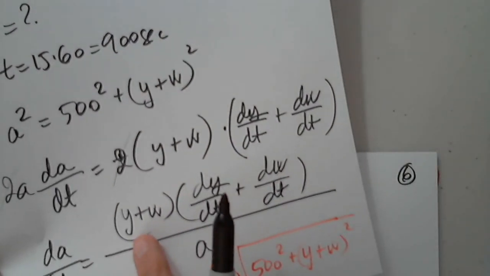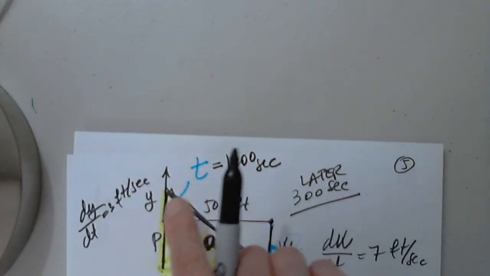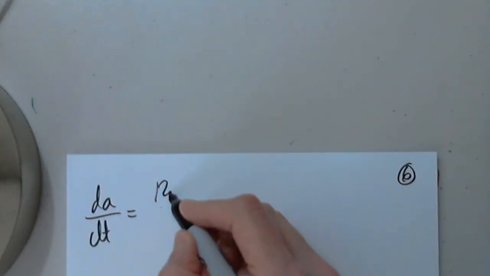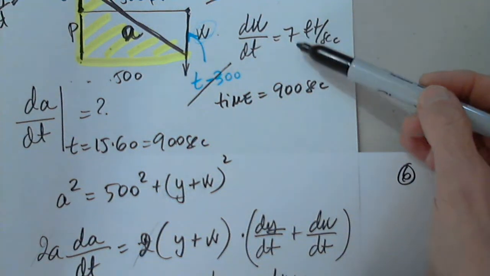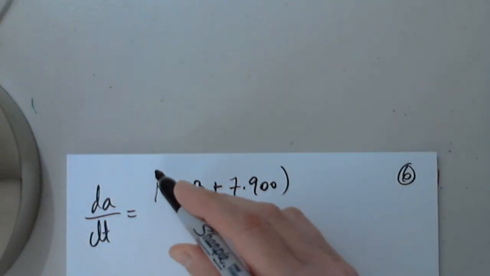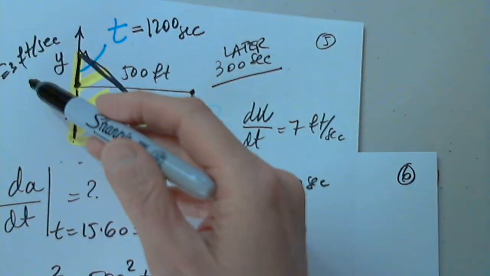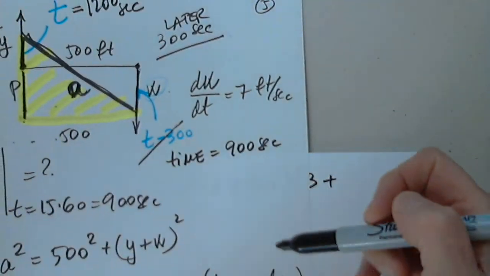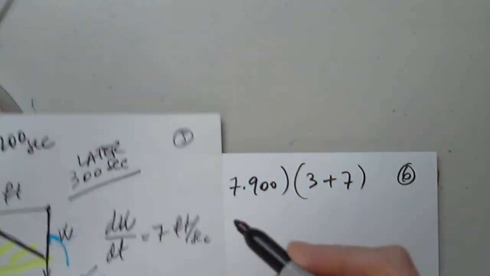Okay. So then we have here W. We have Y, which is, one more time, 1200 times 3 plus W, which is 7 times 900. Now, dy over dt is 3. dw over dt is 7.